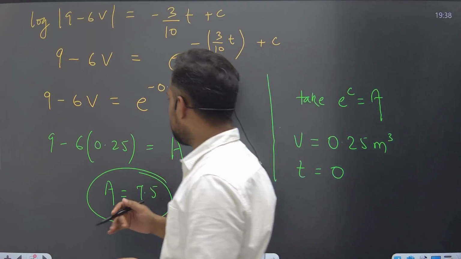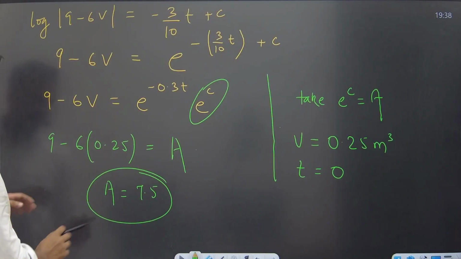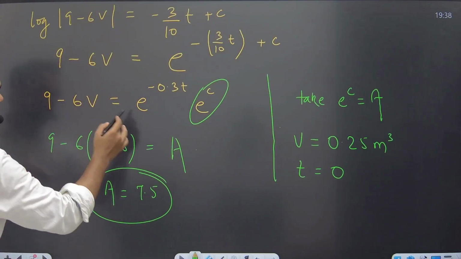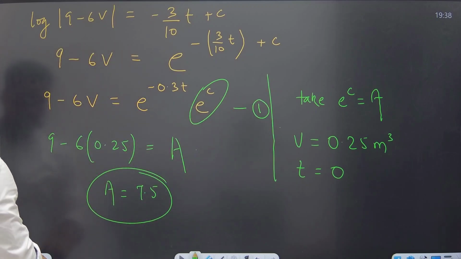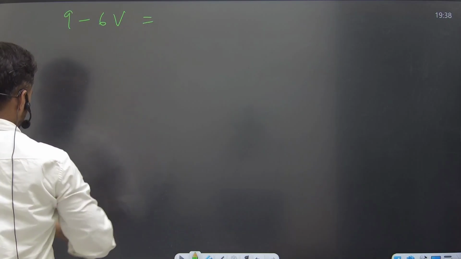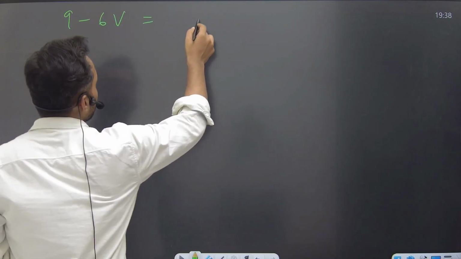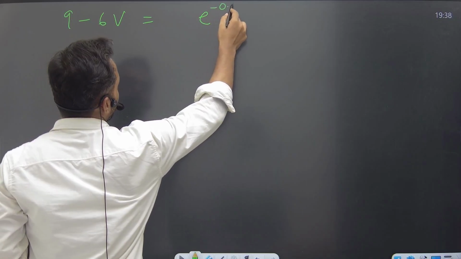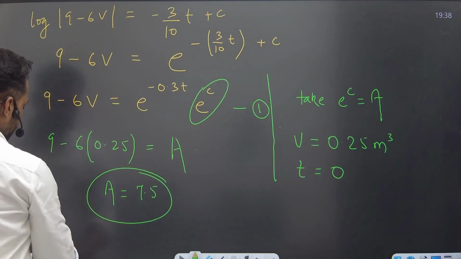Now we are plugging this a into this expression. Let's say this is equation number 1. So you'll get 9 − 6v equals e raised to the power negative 0.3t cross a, where we have got a as 7.5.